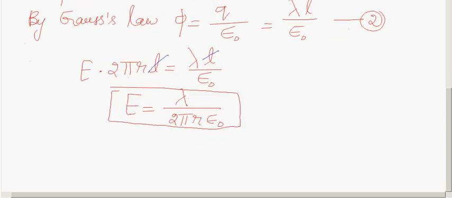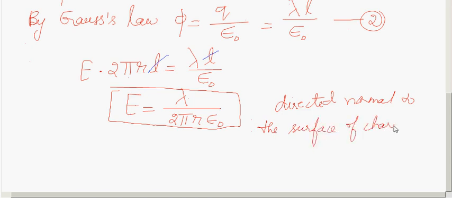The direction of E is directed normal to the surface of the charged wire. So E is equal to lambda by 2 pi R epsilon naught. So the electric field depends upon the value of R, at what distance you are calculating it.